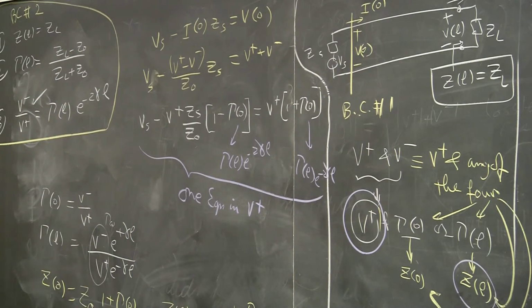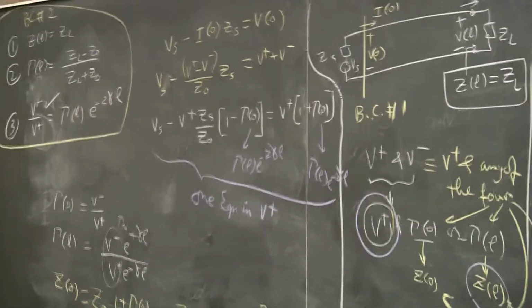But anyway, the determination of V plus is not really the thrust of dealing with transmission lines, because that's only an indication of how much power is going down there. And how much power is going down there is important, but it's not really the main issue. The main issue usually is how much reflection is happening there.